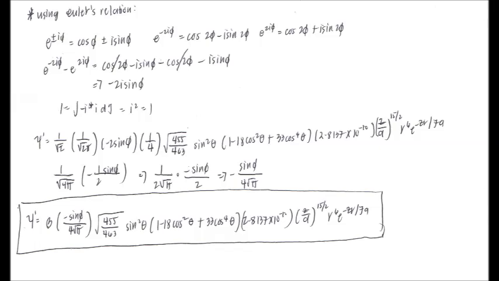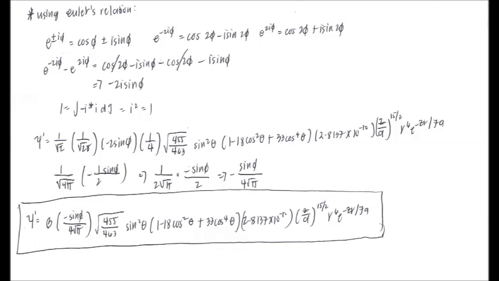Next, using Euler's relation, e raised to plus or minus I phi is equal to cosine phi plus or minus I sine phi. So the e raised to negative 2I phi is equal to cosine 2 phi minus I sine 2 phi. And the e positive 2I phi is equal to cosine 2 phi plus I sine 2 phi.